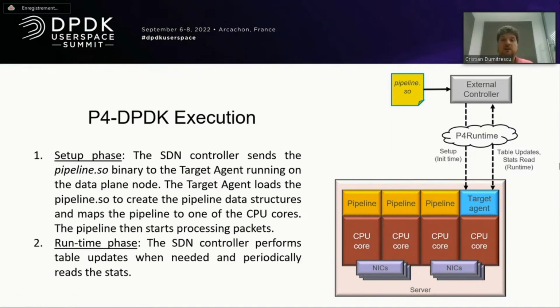We can run different pipelines on different CPU cores, and we can connect them through I/O ports, like rings, or through tap interfaces or Ethernet devices. And then the SDN controller will simply perform table updates through P4 runtime, and it will also read statistics periodically. This is how the whole system is working.